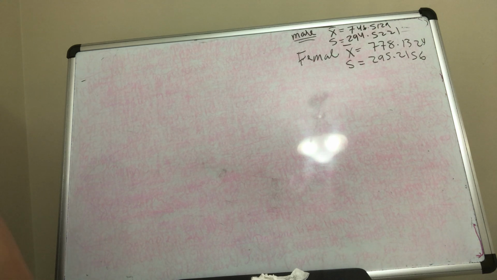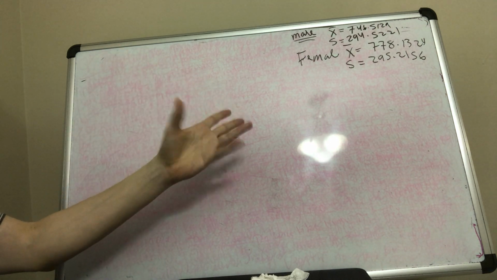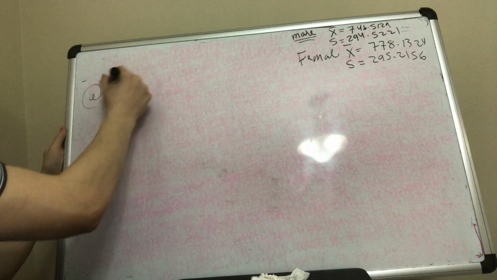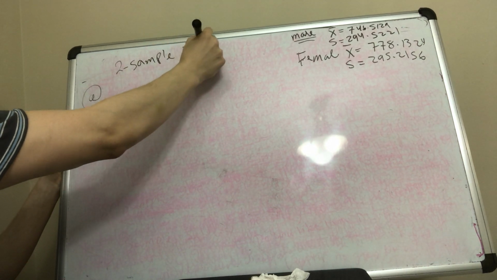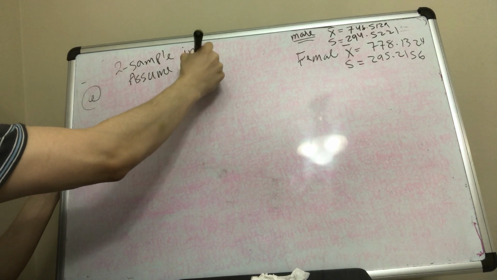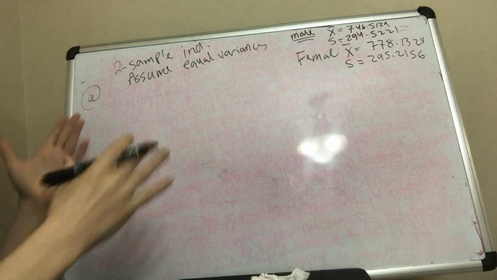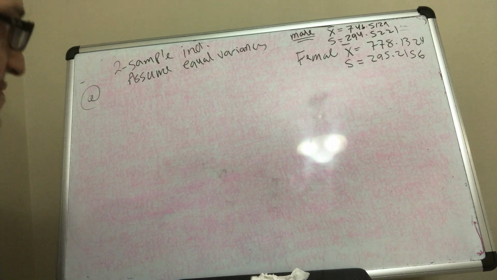If you're doing a confidence interval, this is again 2 sample but independent. So 2 sample independent, and we're going to assume equal variances, since they didn't mention anything in the question, so it's safe to assume equal variances.